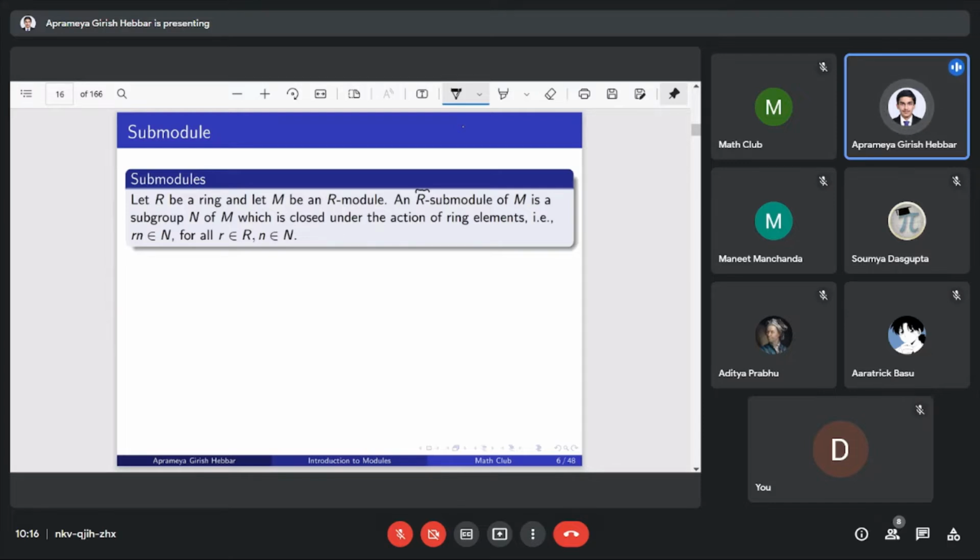M was an abelian group with addition as an operation, so N has to be a subgroup of M, and it has to be closed under the action of ring elements. That is, if x and y are elements of N, then x plus ry should belong to N for every r in R. So this is the definition of submodules.